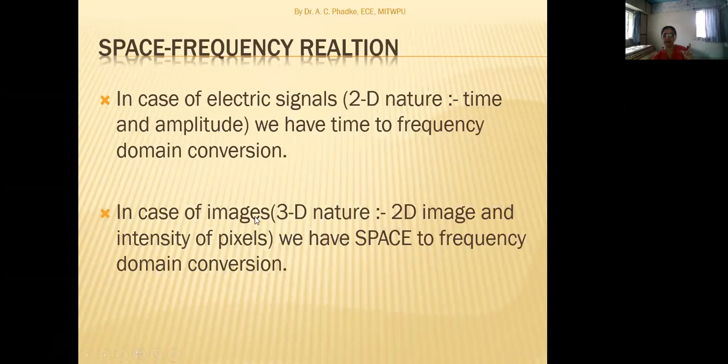So when we have a signal like an image, we have image space, and this image space is converted to frequency. This is the difference as compared to time. In case of electric signals, we convert time to frequency, and in case of signals like images, we convert image plane or image space to frequency domain, and hence we call it spatial to frequency domain conversion.